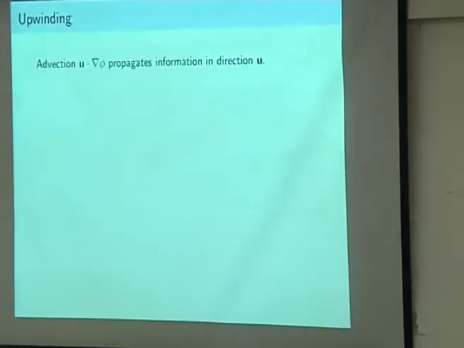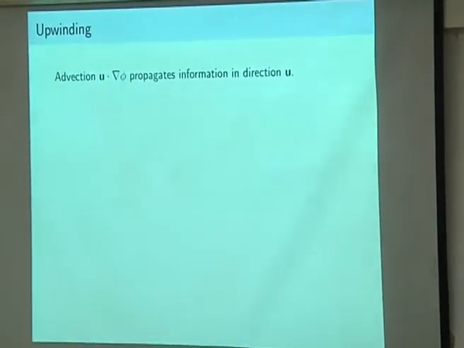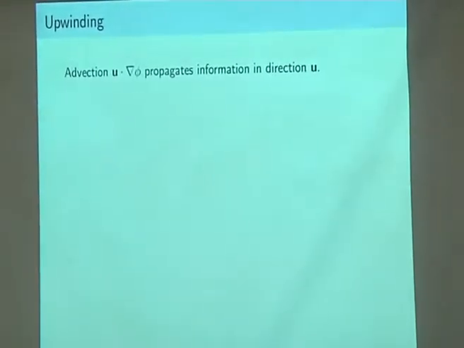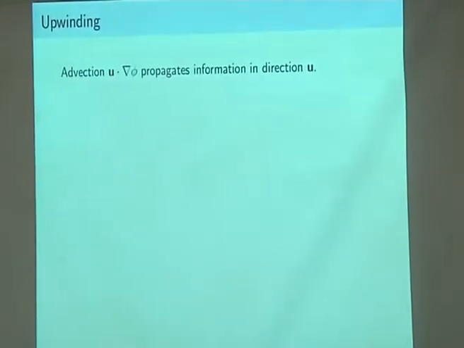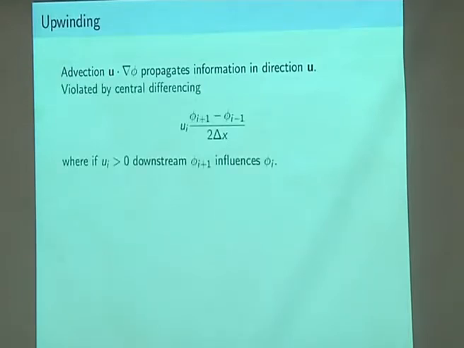So another issue in finite differencing, also an issue in finite elements too, is advection. The term u dot grad of anything like u itself or perhaps temperature is about propagating information in the direction of u. Central differencing, which will use the point in front and the point behind, that's a nice accurate form of grad u.